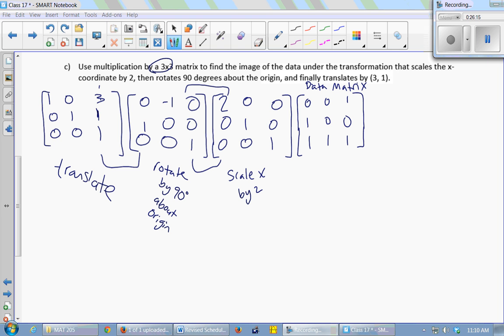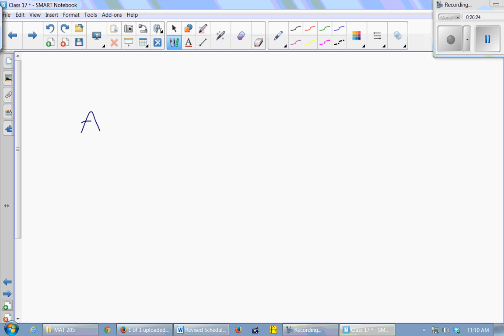As long as you don't swap places, the parentheses don't matter. So if I have 3 matrices A, B, C, I can do A, B, and then C, or I can do B, C, and then A, as long as I don't change the order. Okay?